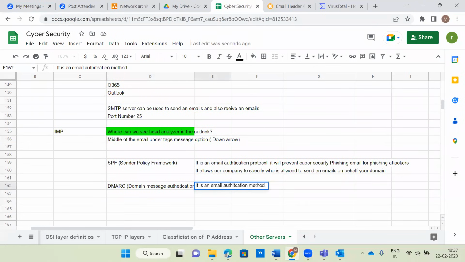What exactly does it help with? DMARC helps email administrators prevent hacking and also spoofing.